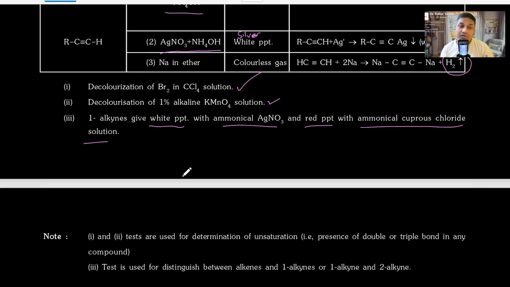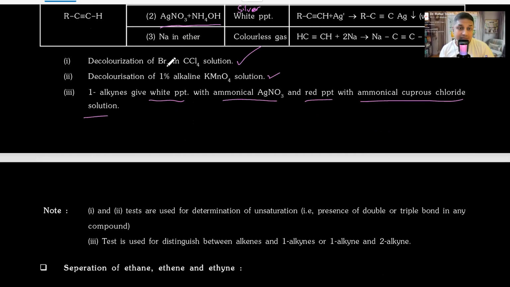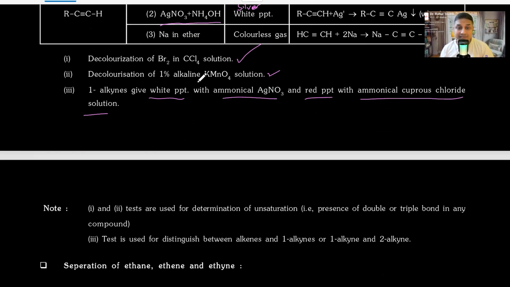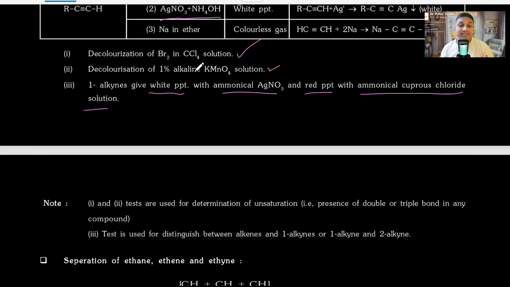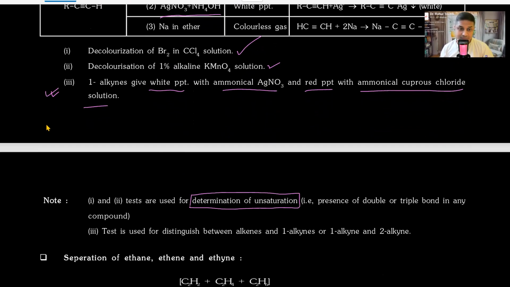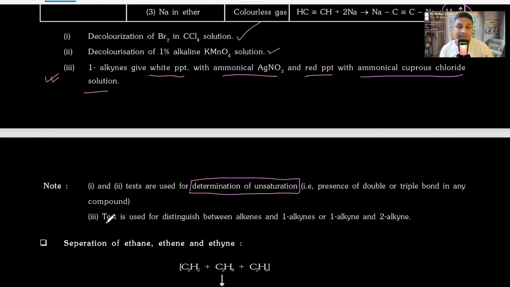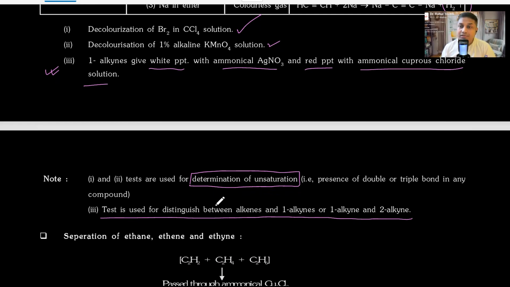Out of these tests, decolorization of bromine in carbon tetrachloride, or decolorization with 1% Baeyer's reagent, is the determination of unsaturation. But test number 3 is what? It distinguishes terminal alkynes from the other, non-terminal alkynes. Are we clear?